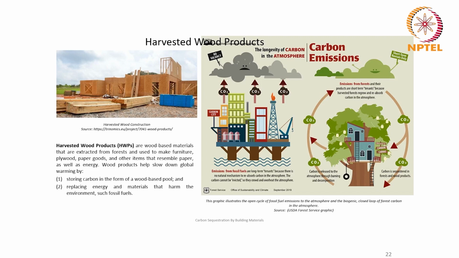So, when trees are sustainably harvested, wood continues to store carbon in the thousands of products we use every day, from paper products to lumber to energy generation. Trees then regrow, and repeat the cycle.